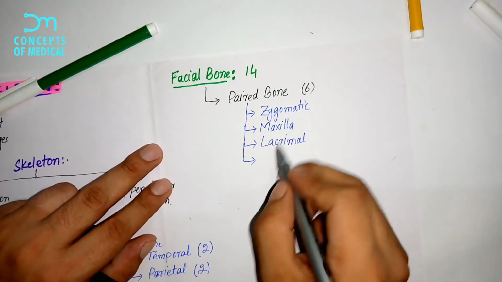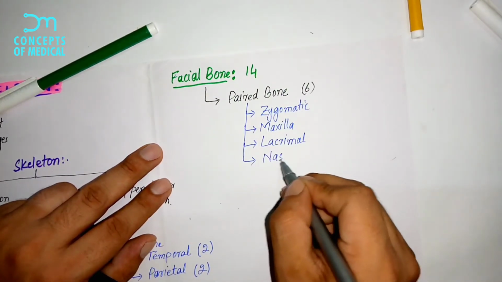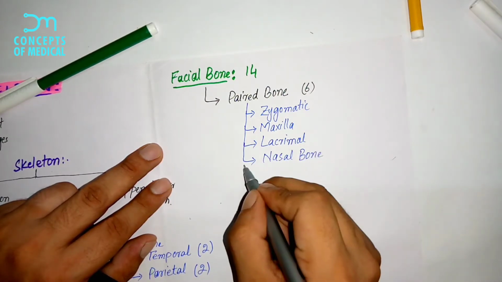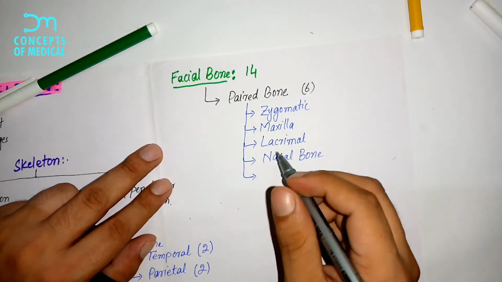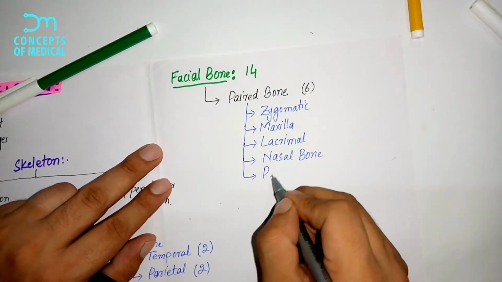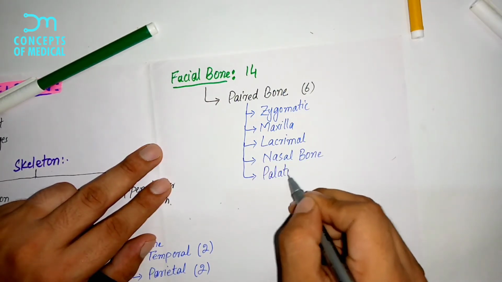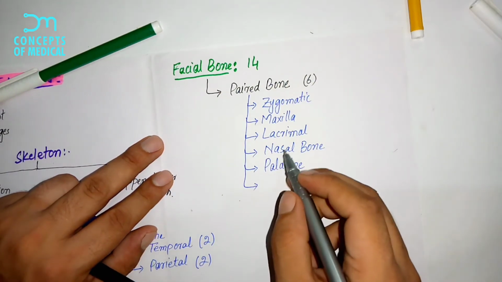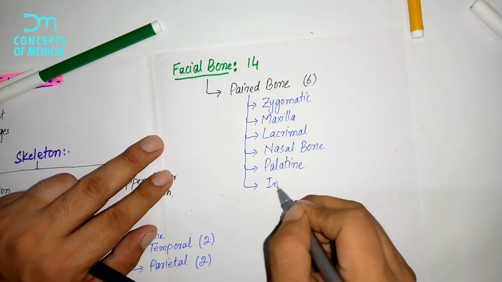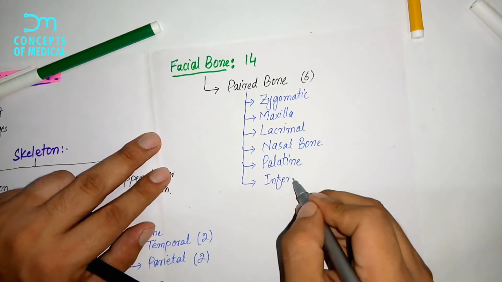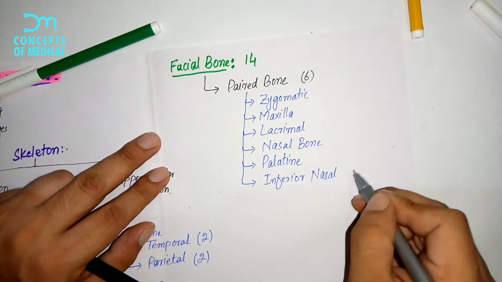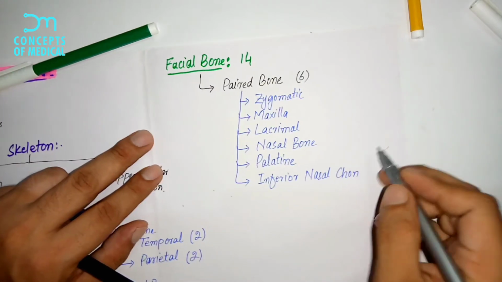The fourth bone here we have is the nasal bone, and the fifth bone here is palatine, and the last one and the sixth one is the inferior nasal concha.